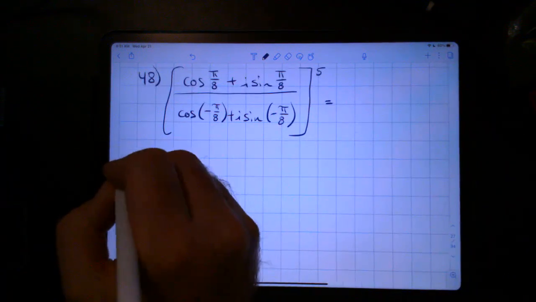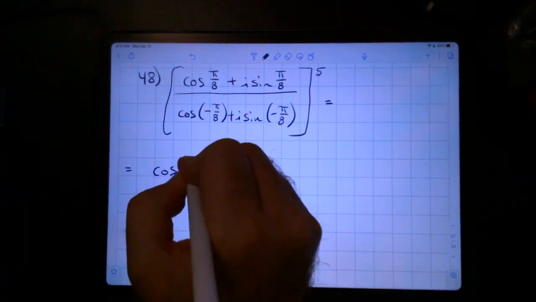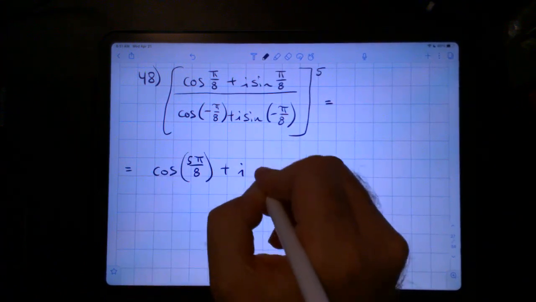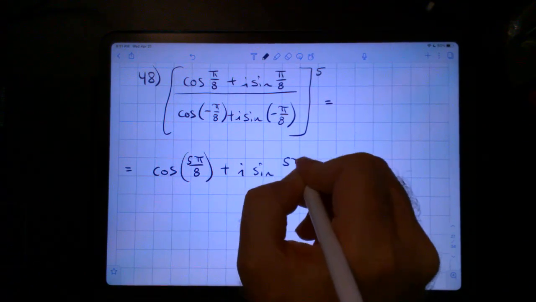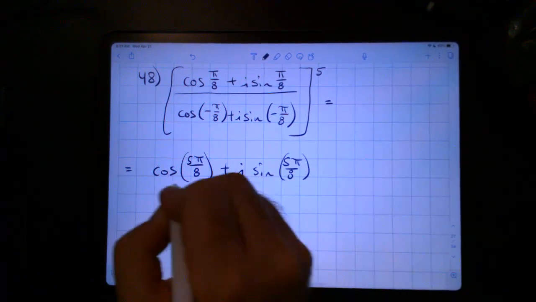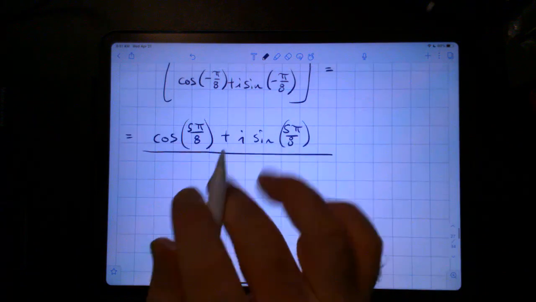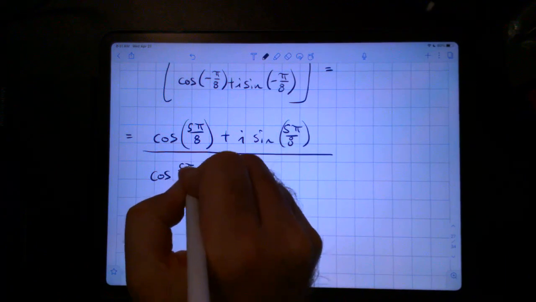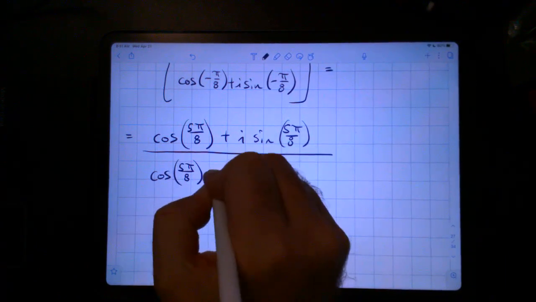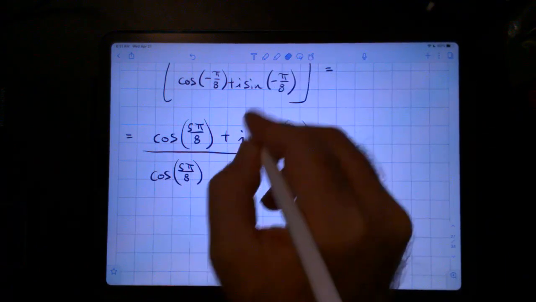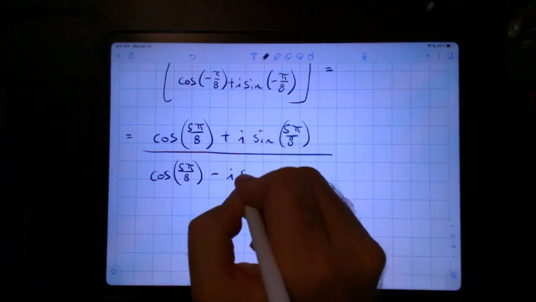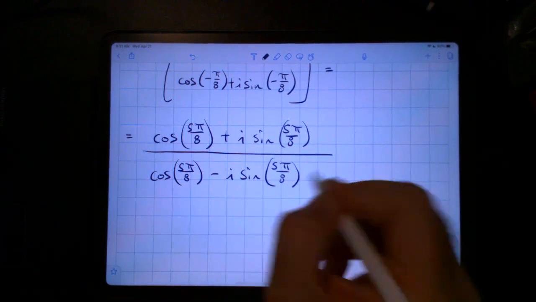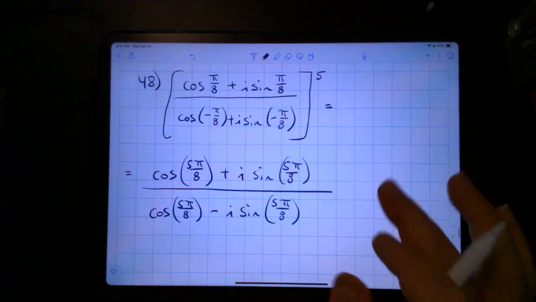Okay. Cosine is an even function. A couple things went on here.